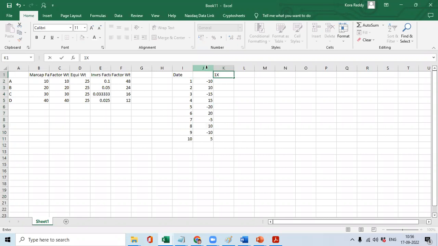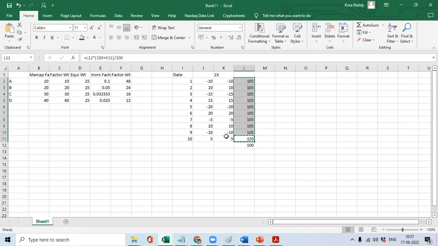Now 1x is simply this one. Now I start with 100. So my returns would be, 100 becomes 105, and then it becomes 91 in the end.